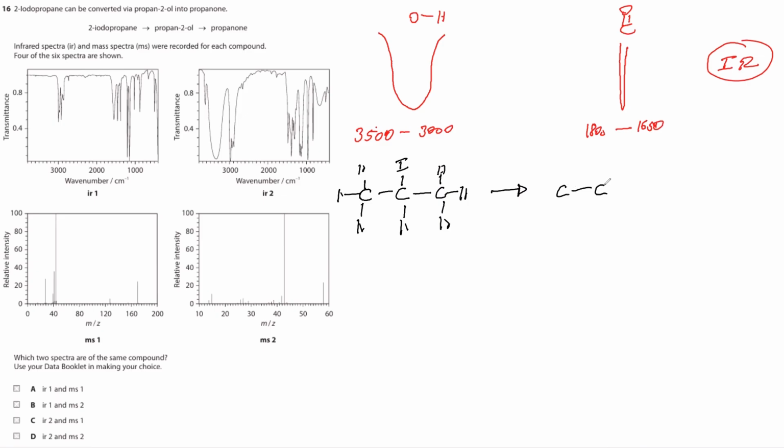Propan-2-ol. 1, 2, 3. OH here. And propanone. Okay. Propanone means it's a ketone. Then it gets oxidized to propanone.